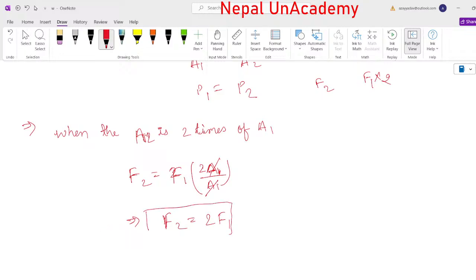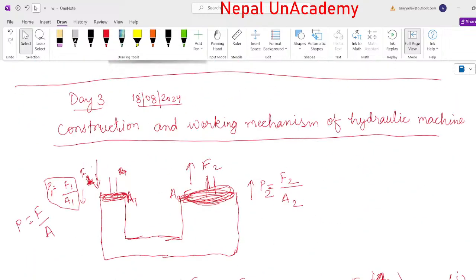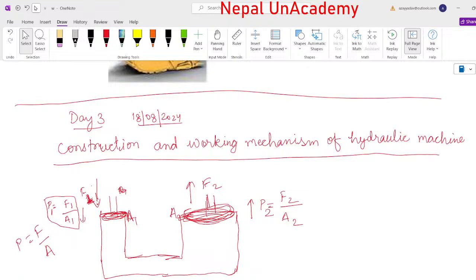So we have seen how the smaller piston can apply a larger force on the larger piston. This is used to lift a heavy weight by a small force. Here we apply a smaller force to lift a heavy object. That's all.